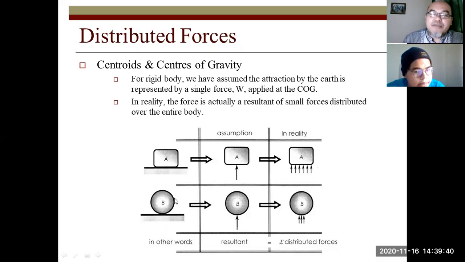Similarly, for B, until now we assume a single force at the center of gravity of B, but in reality, it is the summation, the sigma, of distributed forces along the surface interacting with the other body.